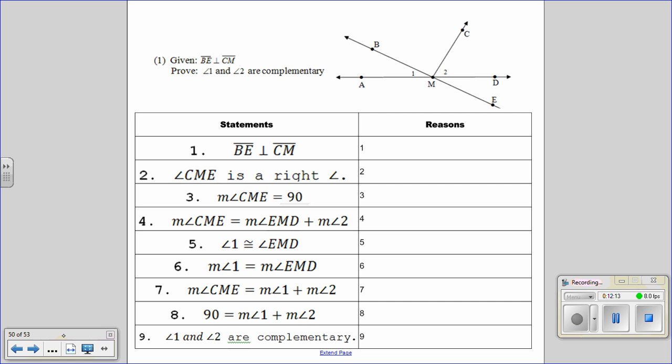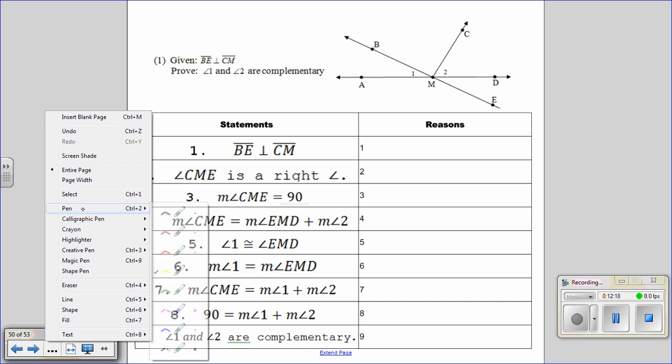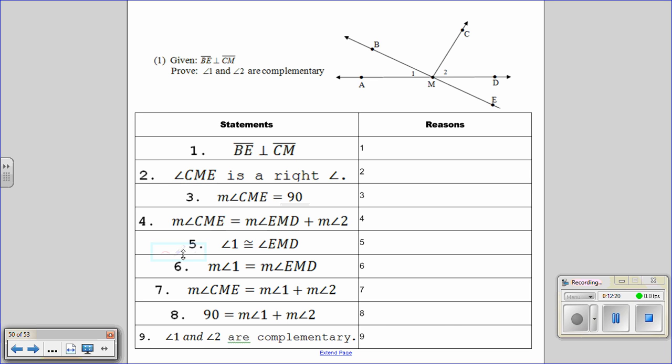All right, this next example, we have to deal with angles. So it's slightly different than the previous one, but some of the properties we will use are the same. Just it's going to look and appear differently. So the first statement again is the given. It tells us that BE is perpendicular to CM. What that means is when two lines are perpendicular, they form a 90-degree angle at the intersection.